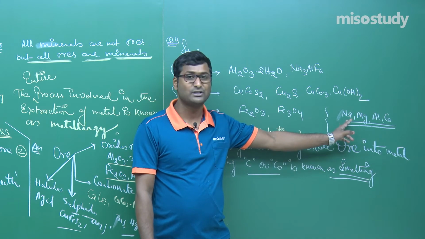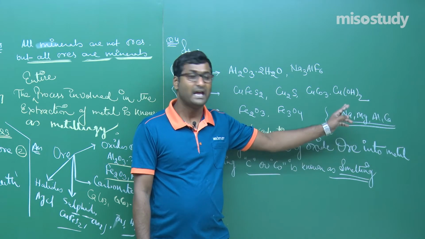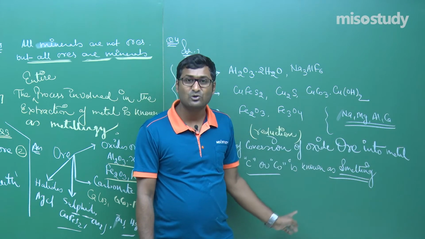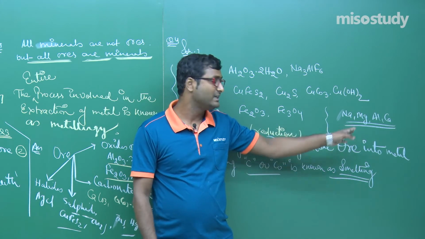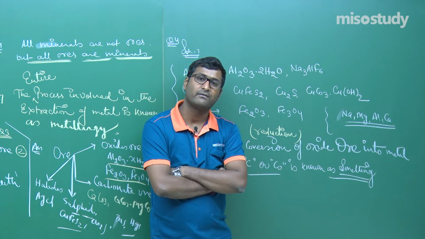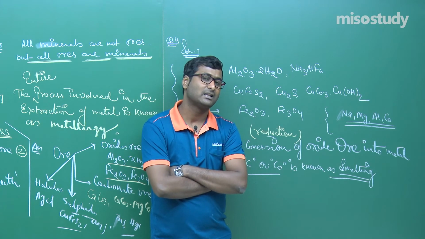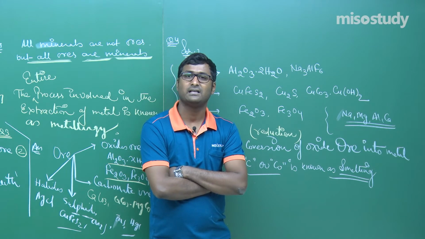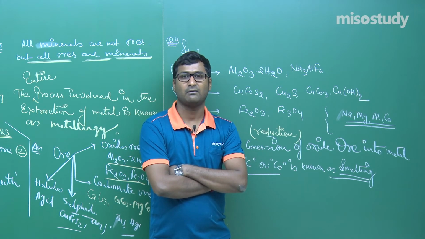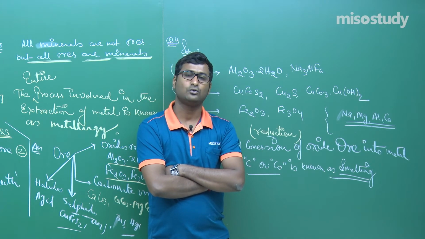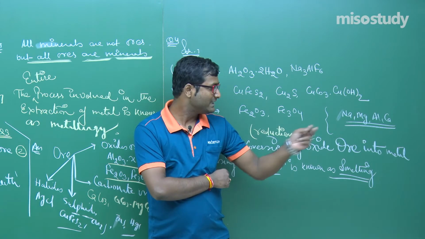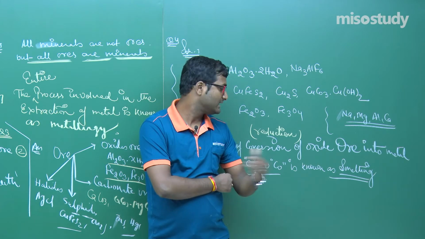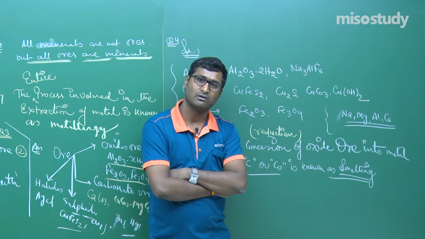Because they have a strong affinity for oxygen in comparison to carbon and carbon monoxide. If I use carbon and carbon monoxide in the extraction of a highly reactive metal, then the process will not start. That is, we will not convert the oxide into the pure metal, because these metals have more affinity for oxygen than carbon and carbon monoxide.